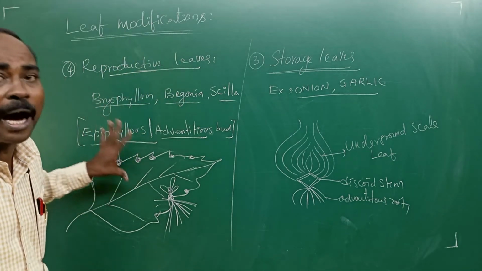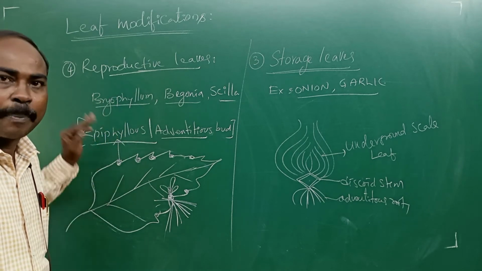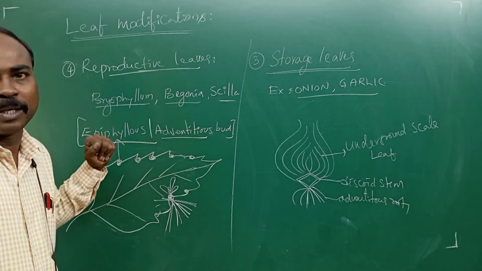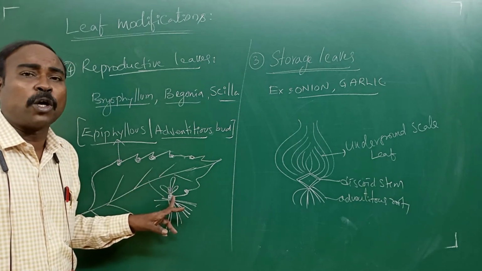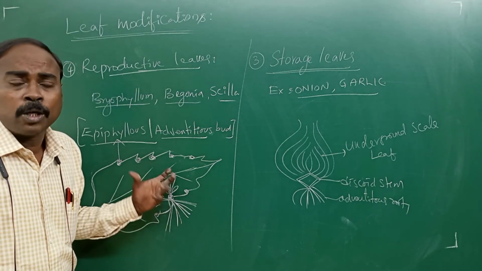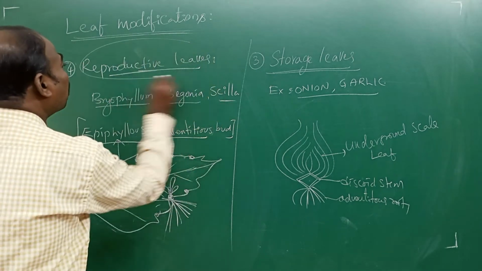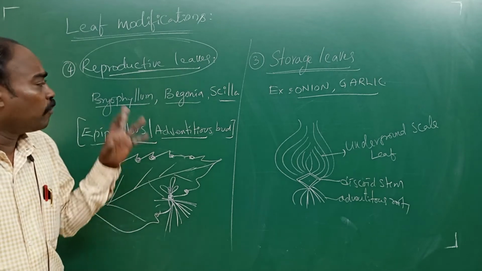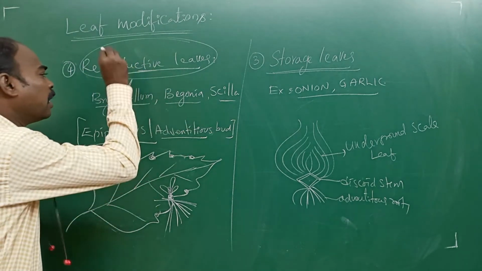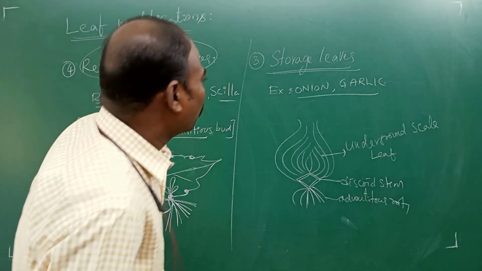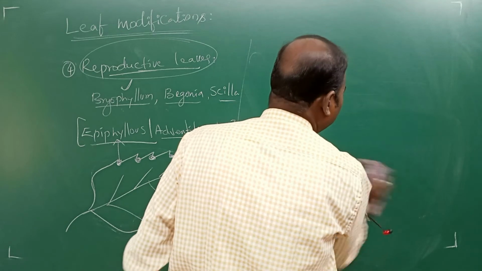Whenever these buds contact the soil, they produce roots and shoot system, so these buds propagate vegetatively. Such leaves are called reproductive leaves, found in Bryophyllum, Begonia and Scilla. Bryophyllum is very important, right? Next, phyllodes.